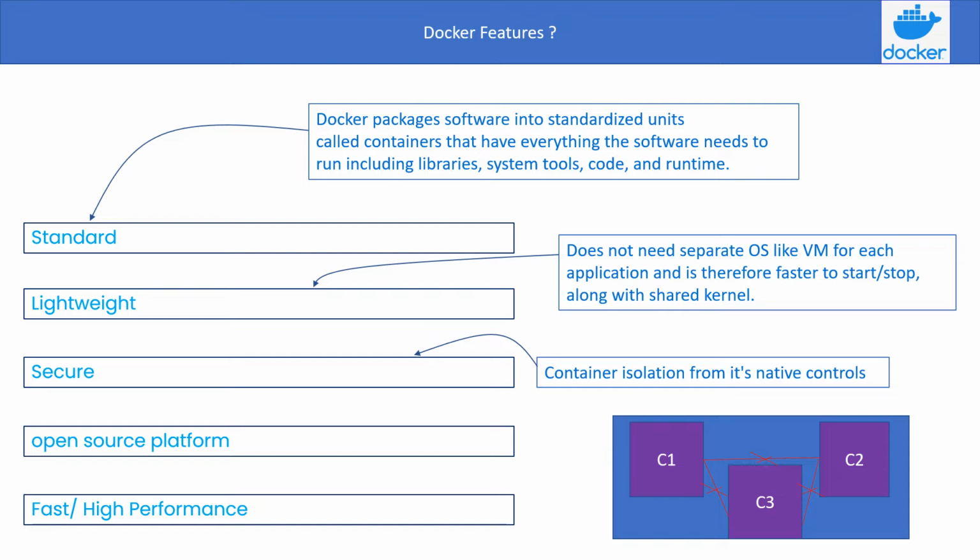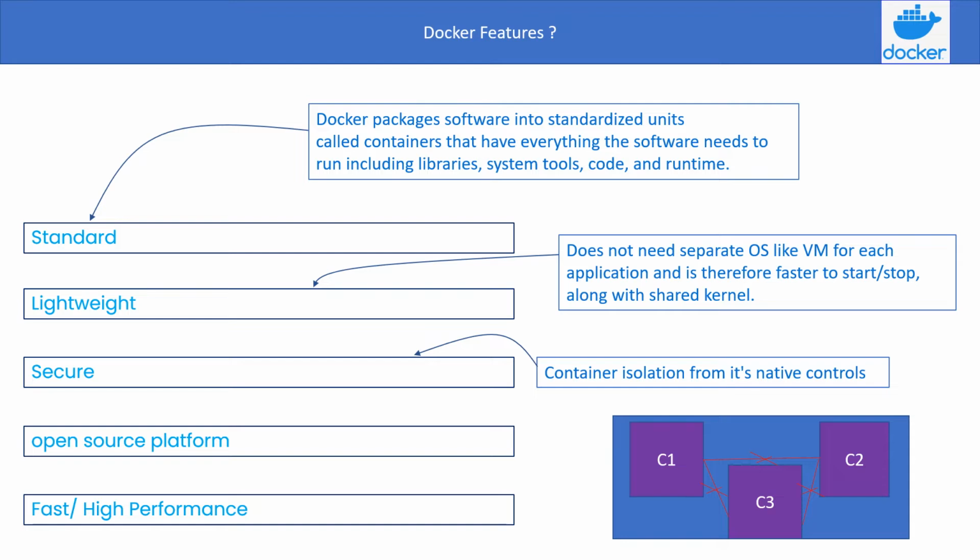It doesn't need a separate OS for each application like VMs, or virtual machines, do. On top of that, it is faster to stop and start, along with the shared kernel. You don't need a separate OS, and it uses a shared kernel. That makes it lightweight, and once it is lightweight, it is very easy to start and stop. Those are very, very fast operations.